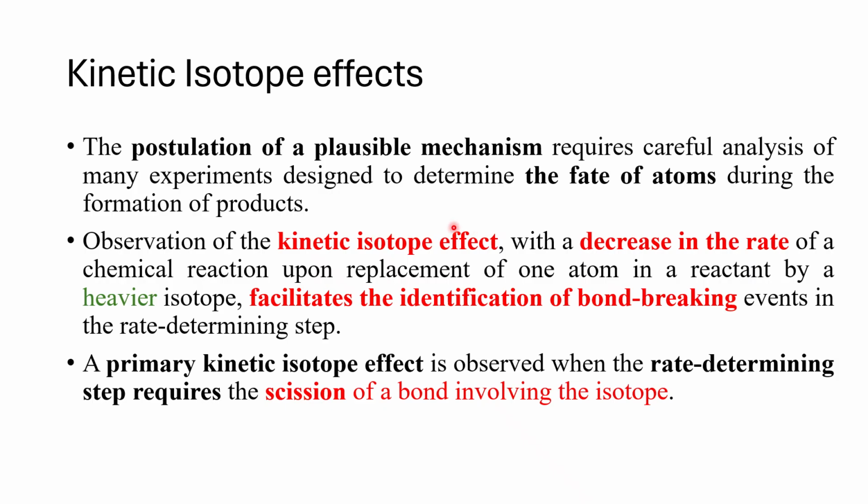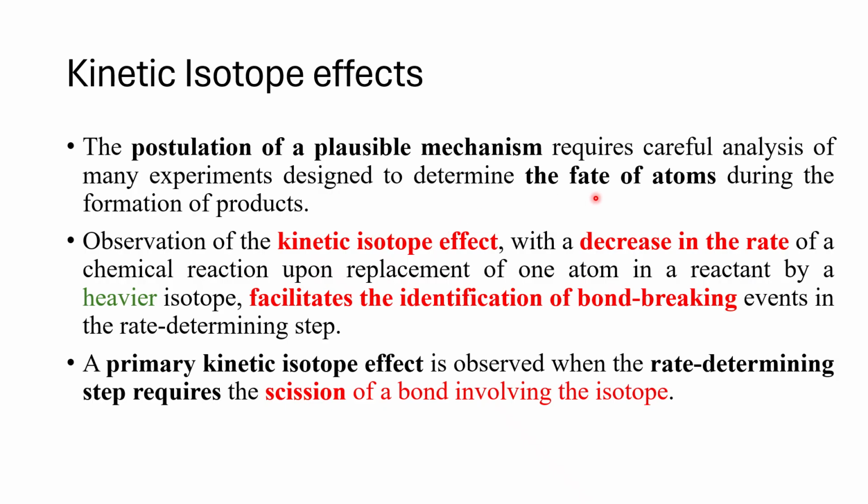According to the transition state theory, the reaction rate depends on the energy difference between the reactants and the transition state. So when you substitute a heavier atom into the molecule, the zero-point energy will change and it will affect the activation energy, giving a different reaction rate.